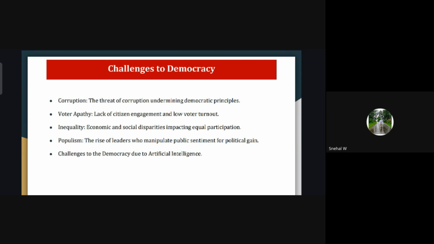And for that matter, again, we can say that this is also not a good sign for a healthy democracy. So, whatever economic and social inequalities or disparities are there, those are supposed to be addressed, those are supposed to be reduced, and a real sense of equality is expected to be realized.